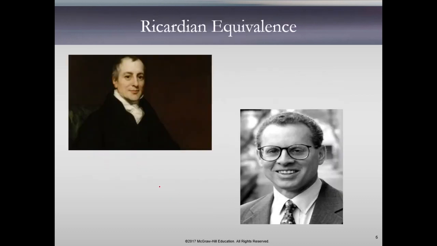Okay, so with that review, I want to talk to you a little bit about Ricardian equivalence. The gentleman up here in the upper left is David Ricardo, a very famous classical economist. He was a stockbroker, and he's the guy who came up with the concept of comparative advantage that you probably learned about at the beginning of your microeconomics class.